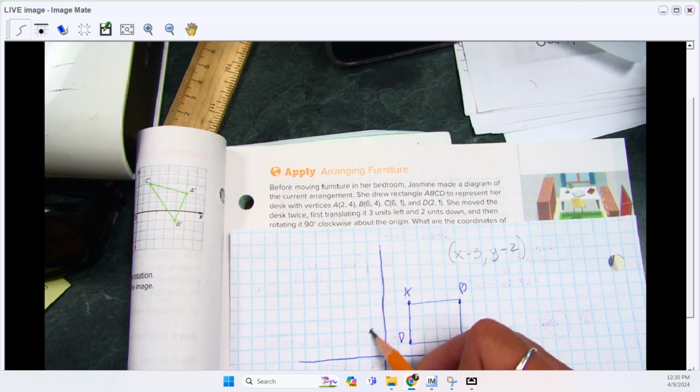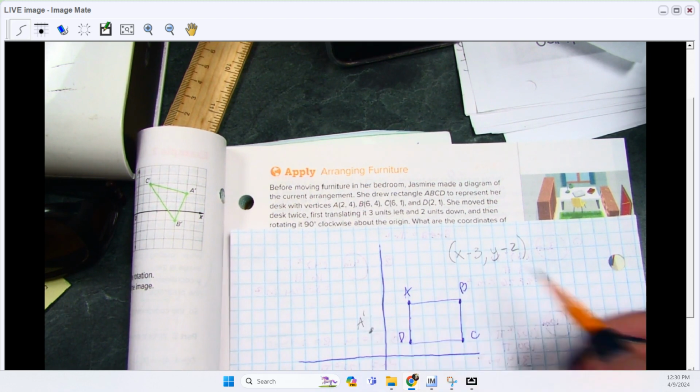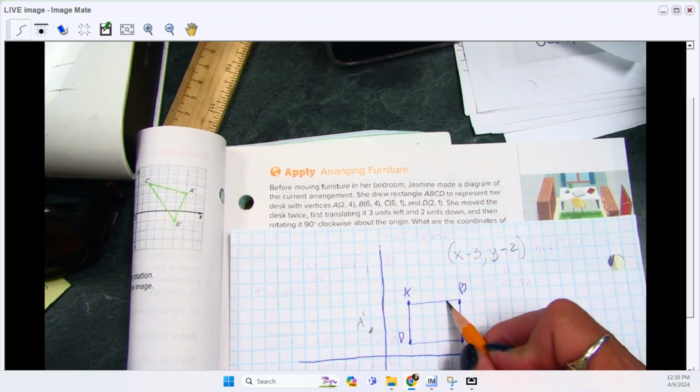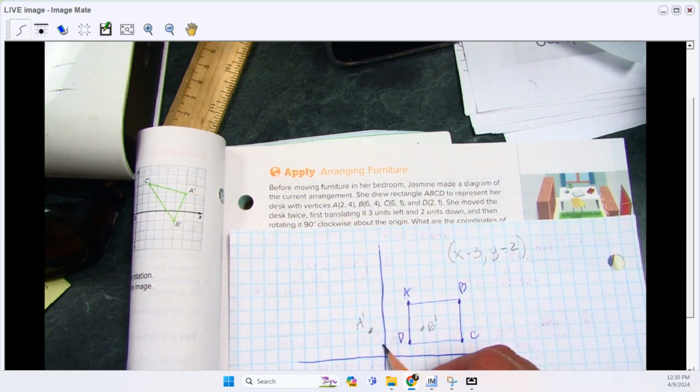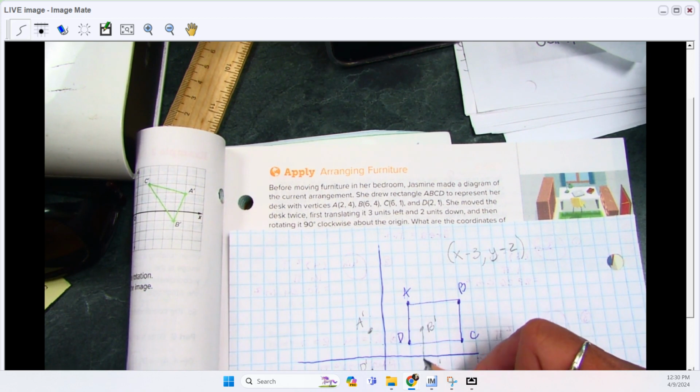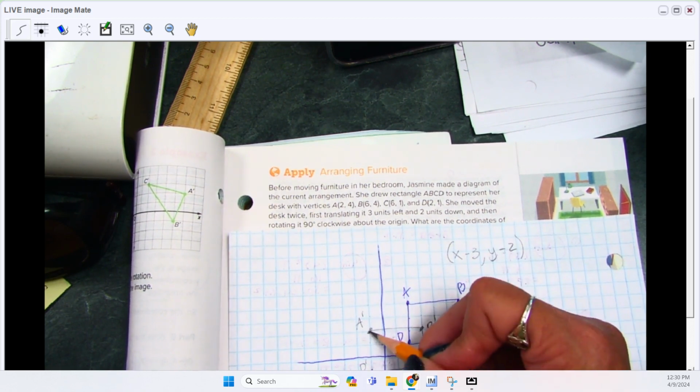And this is A prime. Then I go 1, 2, 3, down 2, B prime. 1, 2, 3, down 1, 2, D prime. 1, 2, 3, down 1, 2, C prime. Okay, so I've now moved this like so.